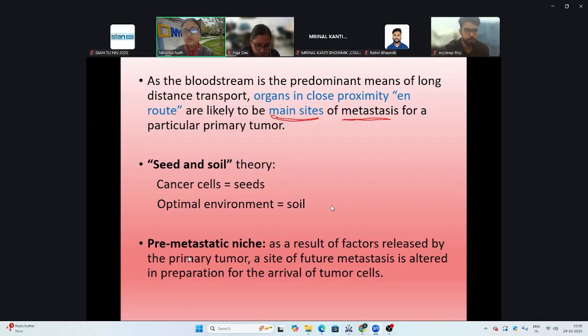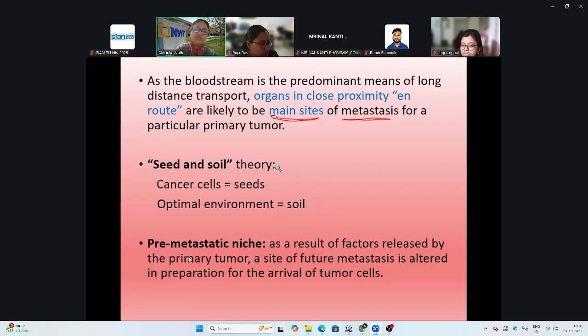Where do they want to go to form a secondary cancer? Where should they go? And it seems that there has to be a convenience to them. They cannot go everywhere and anywhere, but they would like to be able to start. It's just like a seed that gets the right kind of soil.